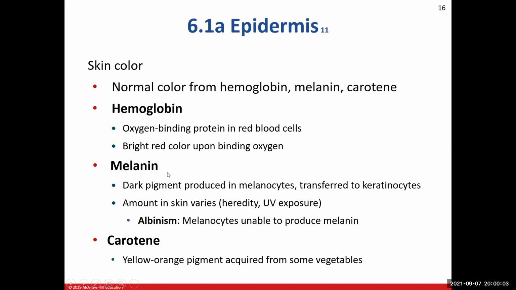So with hemoglobin, the more oxygenated your blood is, the redder the blood will appear. You'll see in some folks that are light skinned, if their face looks flush, red, especially if they've been exercising, that's fairly obvious that blood flow is increased.